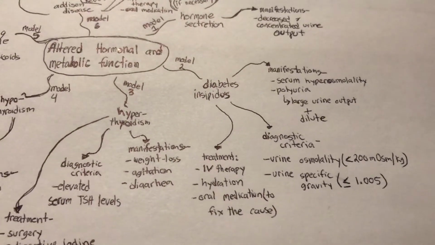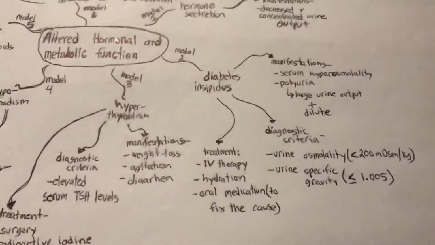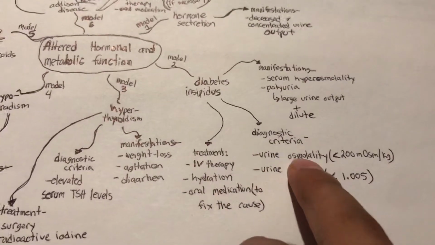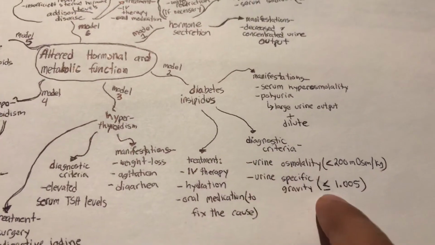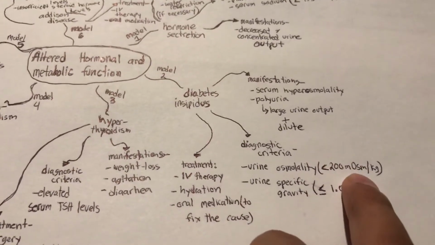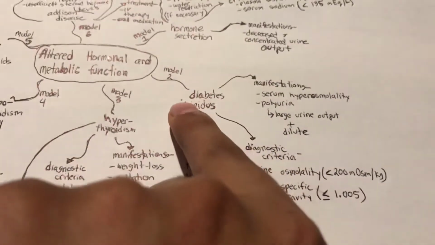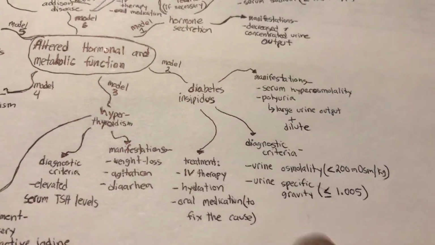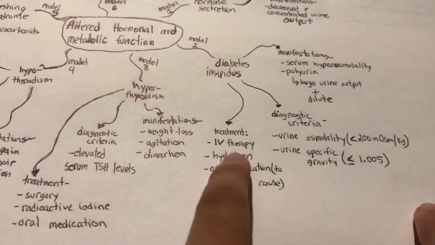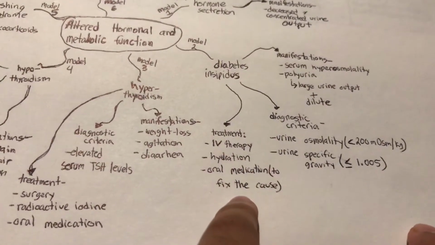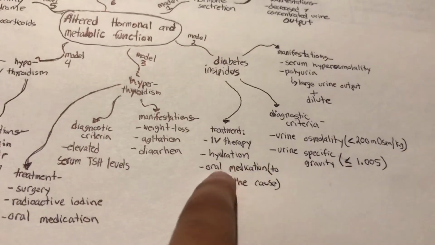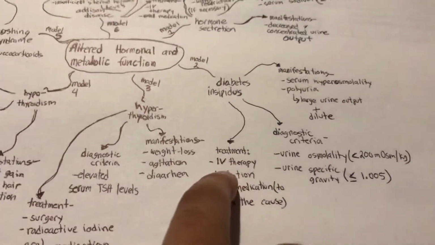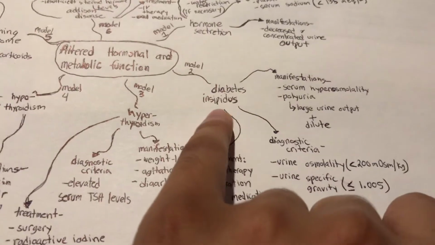And then the diagnostic criteria, like I said earlier, the osmolality and then the urine specific gravity and all the values that make it a diagnostic criteria for it in parentheses. And then IV therapy, hydration, oral medication, usually through prescription. I put as the treatment causes for diabetes insipidus.